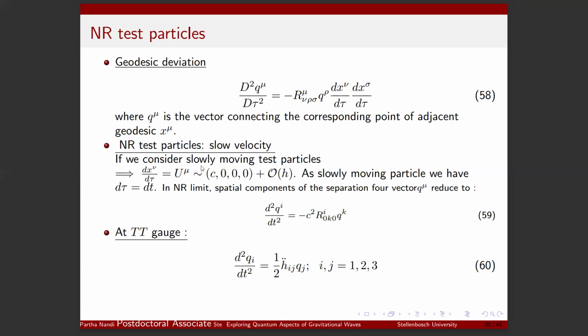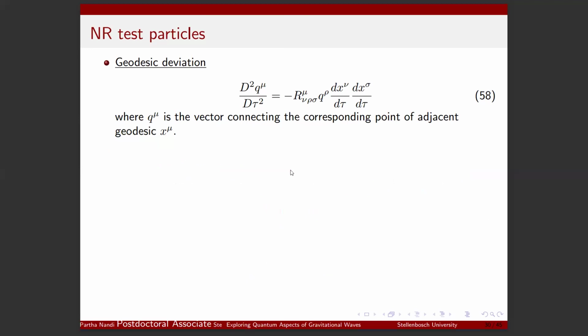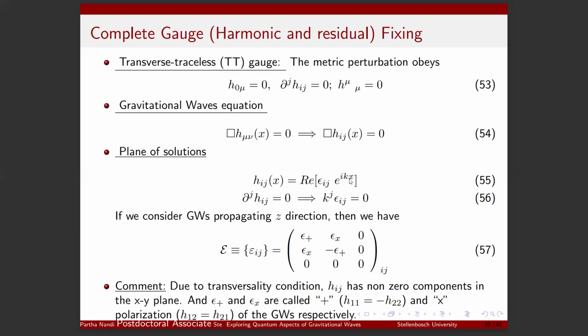One is a very slowly moving test particle, and the dimensions of the test particle are very small compared to the wavelength of the gravitational source. Therefore, when you consider the long wavelength approximation, then in the plane wave solution, the expression e to the power k dot x involves the time part and space part. The space part completely dies out.